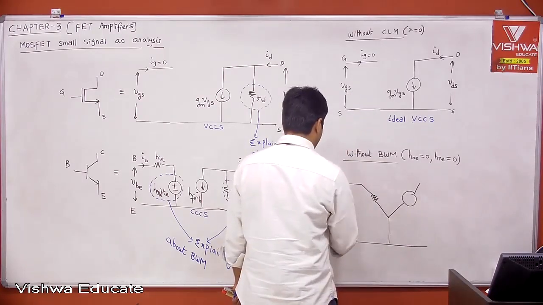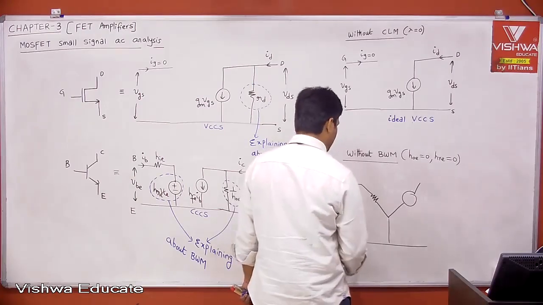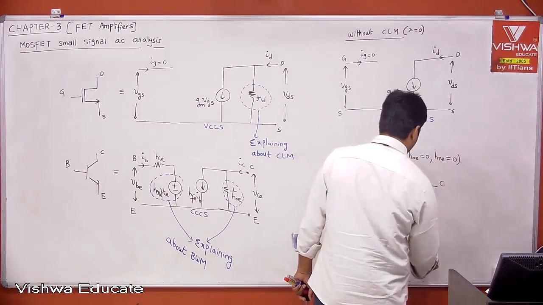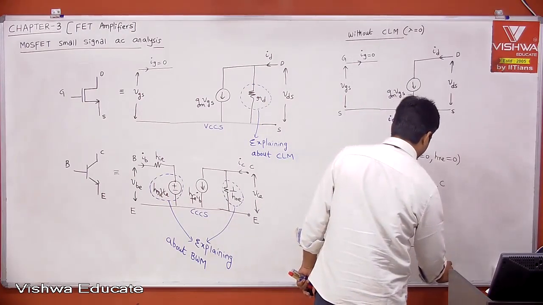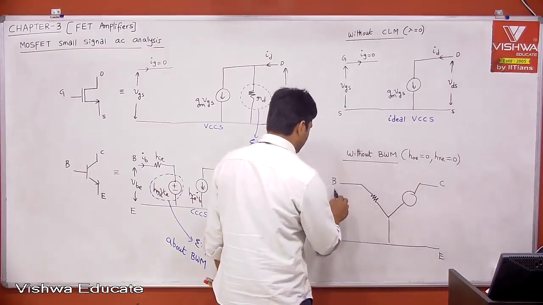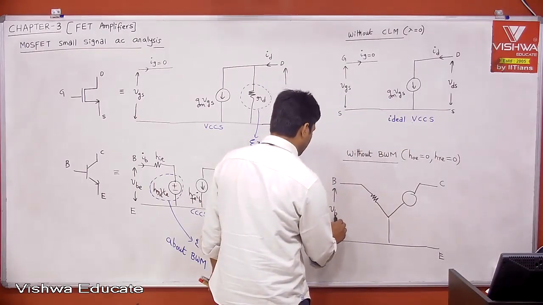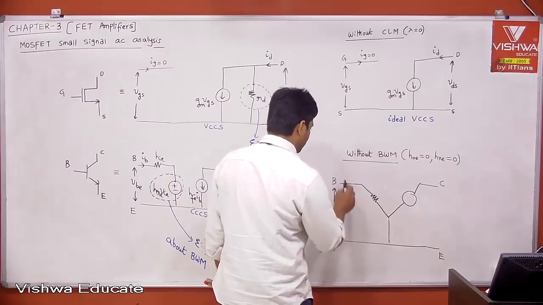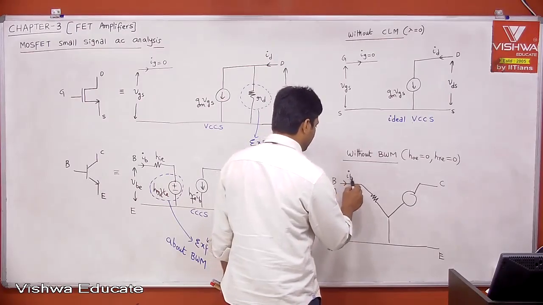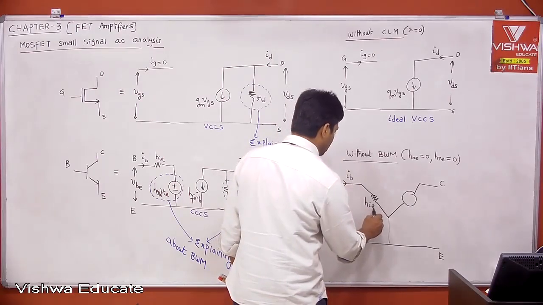This is base, emitter, collector, emitter. This is VBE and this is your base current IB. This is HIE.